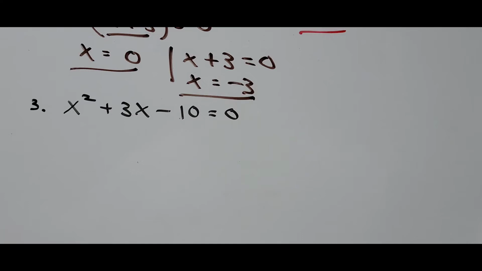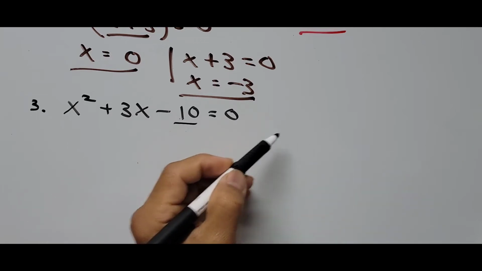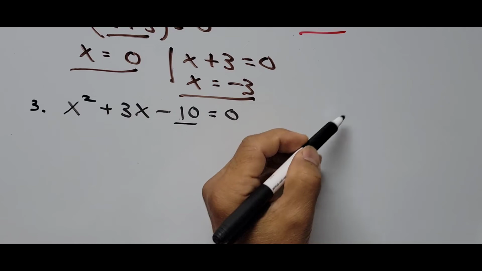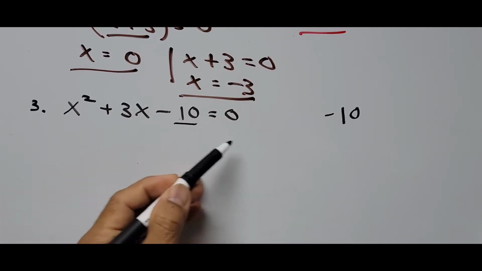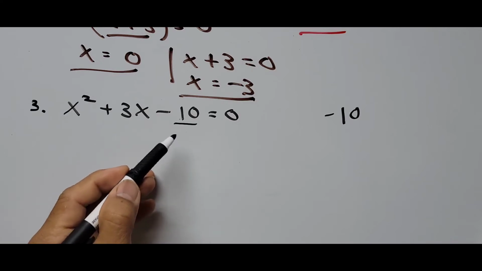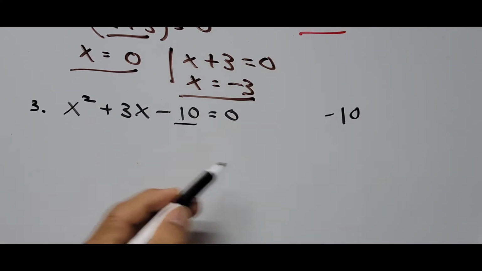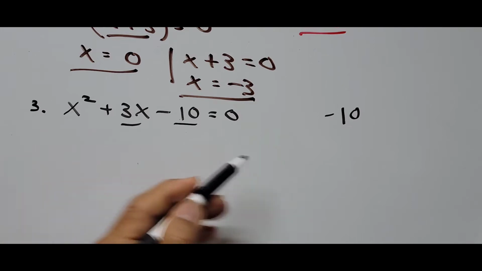So first, what we have to do is take a look at the third term, the constant. So we have to find the factors of that. So we have here negative 10. Think of two numbers that multiply each other to make negative 10, and add up to 3.